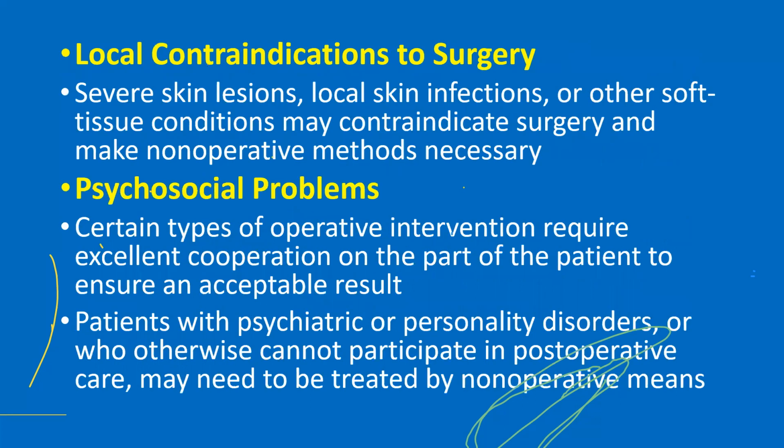Local contraindications to surgery are severe skin lesions and local skin infections. Psychosocial problems: this is one of our biggest problems. When you have a psychiatric patient who has a fracture, who does not cooperate, no matter what you do, he ends up refracturing. So you have to be careful when you choose to treat such patients.